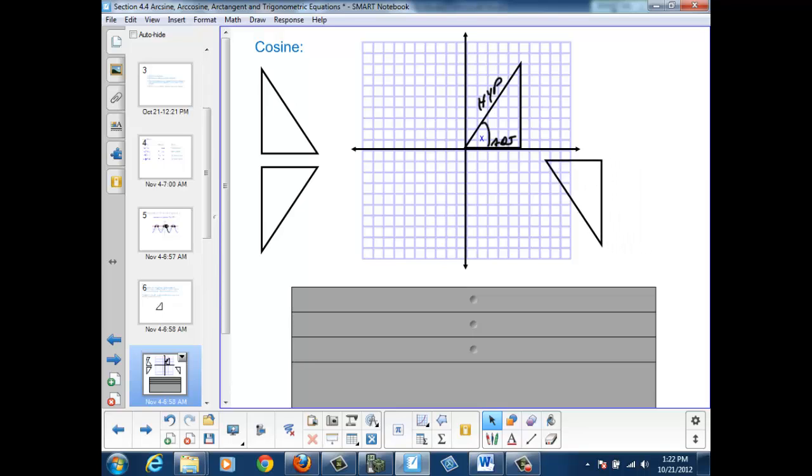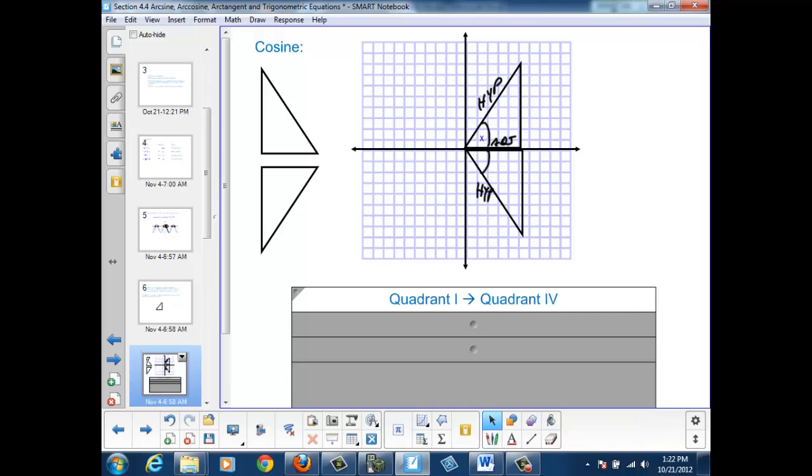And hopefully we can see that this reference triangle here in the fourth quadrant gives us the same adjacent over hypotenuse ratio. So quadrant 1 and quadrant 4 are the two quadrants where the cosine will be the same.